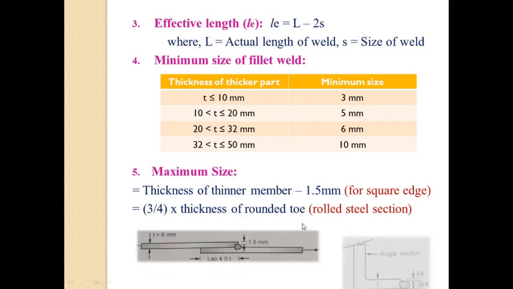Here we can see if there are square edges, the maximum size of the fillet weld is the thickness of the thinner plate or thinner member minus 1.5. And if there is a rolled steel section like an angle section, then the maximum size is 3/4 of the thickness of that rounded toe. So this is the maximum size we provide for the fillet weld.